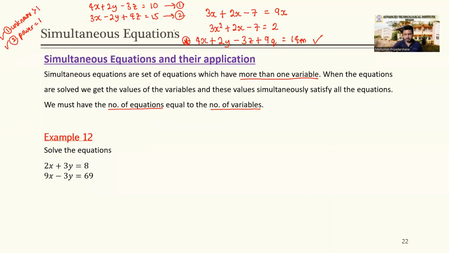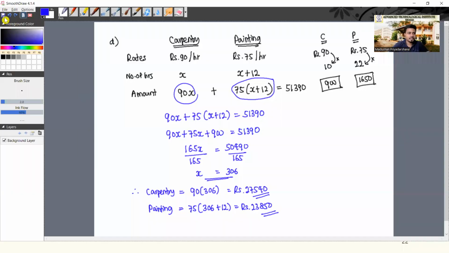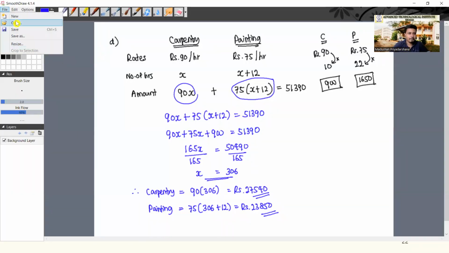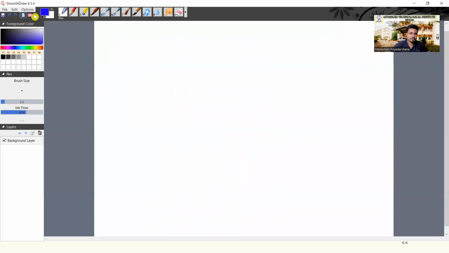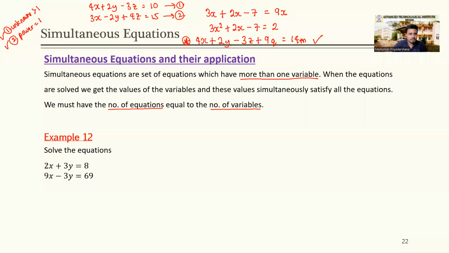Right. Okay. Example number 12. So let's solve this equation. There are 2 unknowns, therefore we should have been given 2 equations.